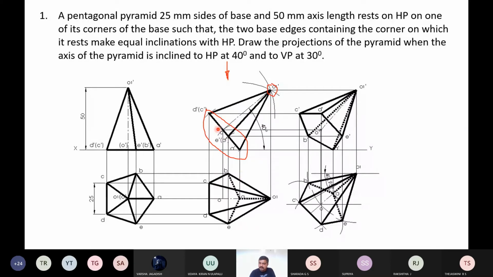That means the invisible edges, that is the edges of the base, should be represented with dashed lines. Also some of these slant edges will become invisible. In general, visible slant and base edges should be represented with continuous lines, and invisible slant and base edges with dashed lines.